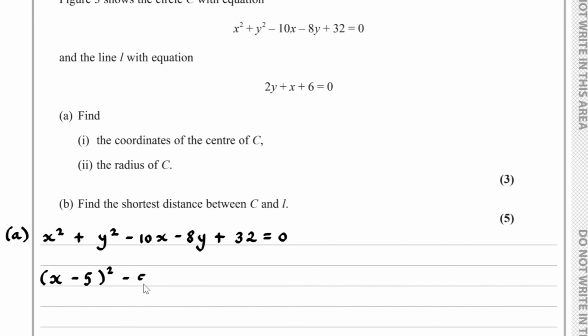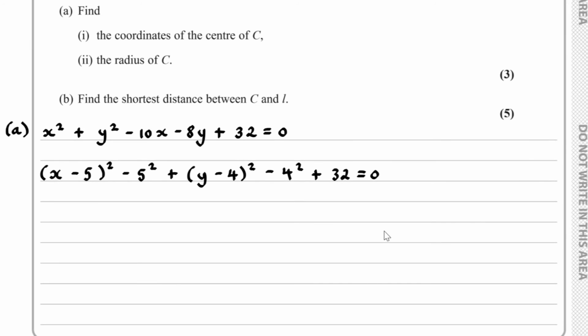And then we subtract the square of 5. And then, in terms of the y's, we have y minus 4 squared, and then I subtract the square of 4. And then I add on 32, and the result is equal to 0. So we have x minus 5 squared plus y minus 4 squared, and then we have negative 25 subtract 16 plus 32, which is negative 9.